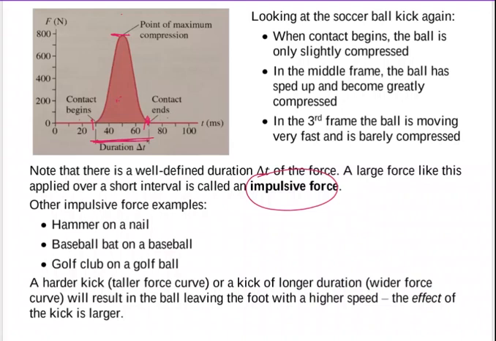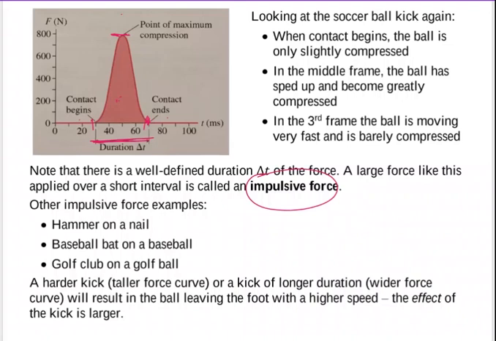The kick of longer duration, wider force curve, will result in the ball leaving the foot with a higher speed, maybe, or if it was a flatter ball, maybe less speed, just longer duration because it didn't receive as much force up top. So resulting in the ball leaving the foot with a higher speed, the effect of the kick is larger.